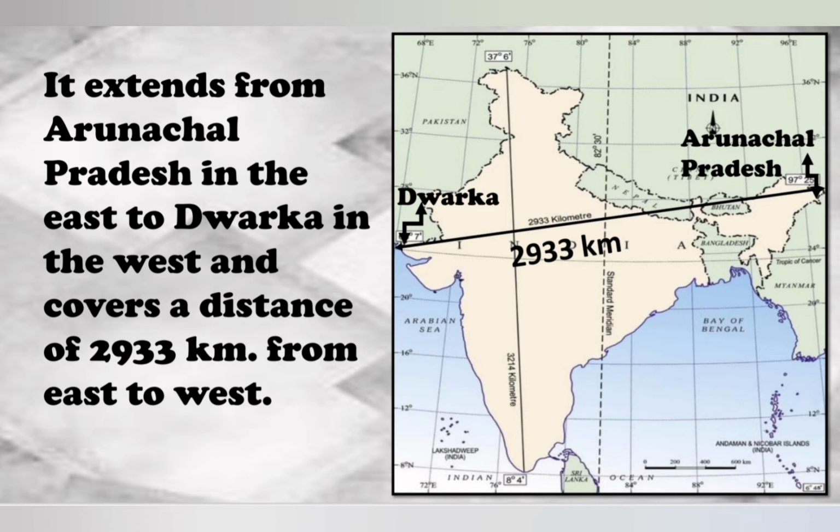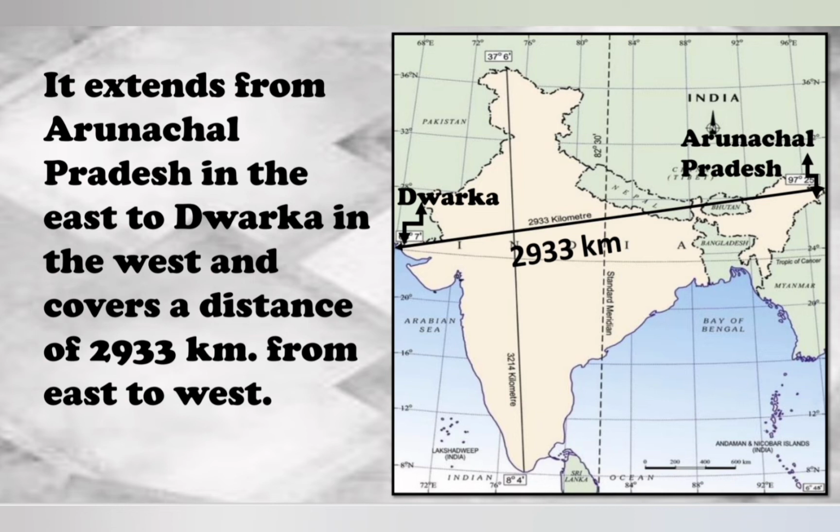Similarly, it extends from Arunachal Pradesh in the east to Dwarka in the west and covers a distance of 2,933 kilometers from east to west.